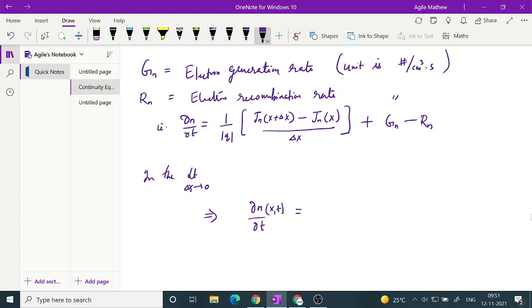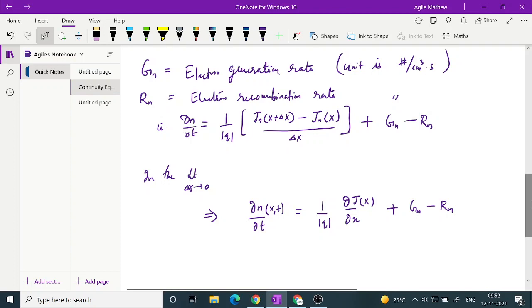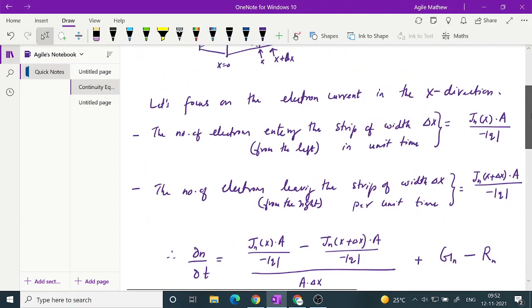We are saying that its partial derivative with respect to time is 1 by q, dou by dou x of jn of x, plus Gn minus Rn.